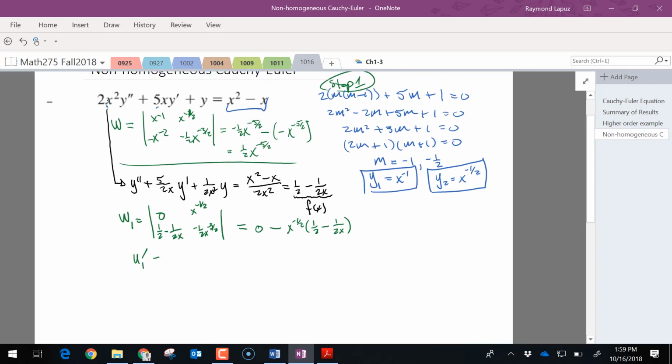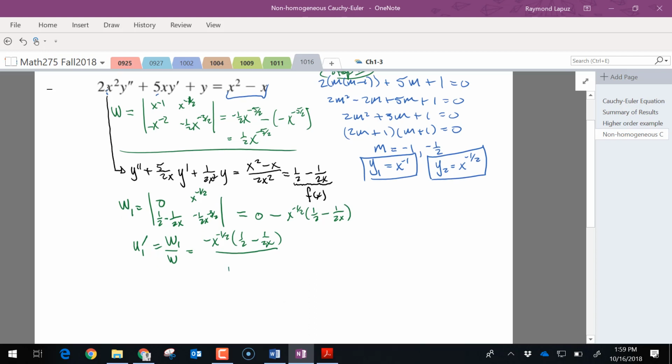u1 prime is going to be W1 divided by W, and so that's a negative x to the negative 1/2 times 1/2 minus 1 over 2x divided by W, which is 1/2 x to the minus 5/2. So let's see if we can find ways to simplify this. I think there's a 1/2 in the numerator and a 1/2 in the denominator that we can cancel.